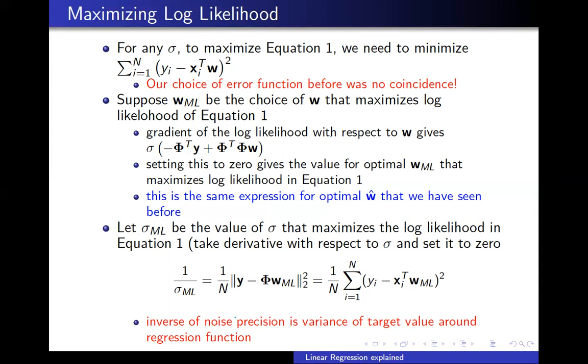So the inverse of the noise precision is the same as the variance of the target value around the regression function, because remember, this is the mean value whenever w is set to w sub ML. This quantity measures how far the actual value is from the mean value, so it is nothing but the variance of the target value around the regression function given by your maximum likelihood solution.